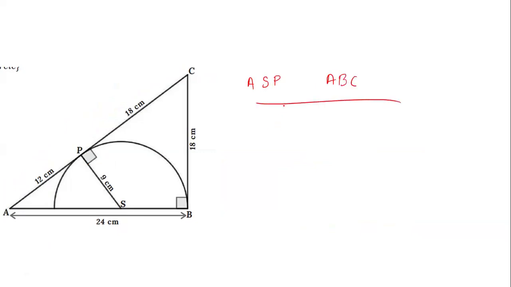For similar triangles, the ratio of the sides must be the same.